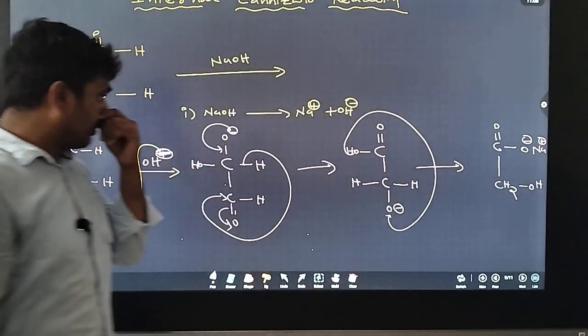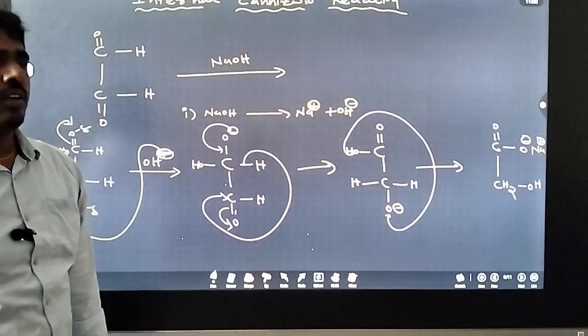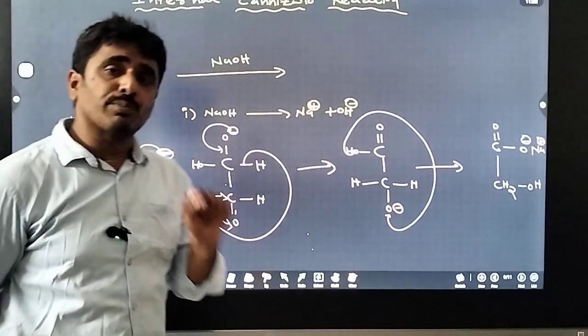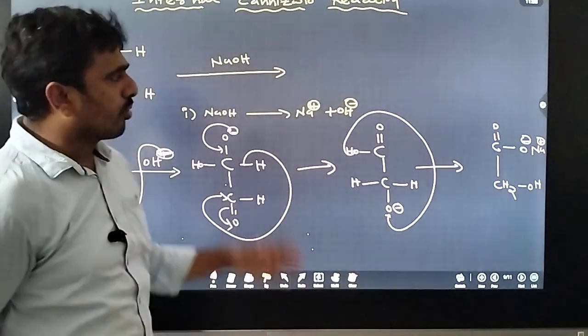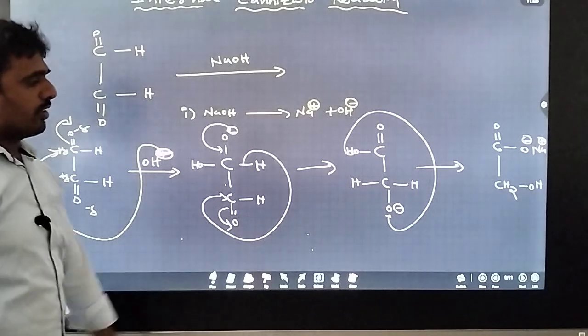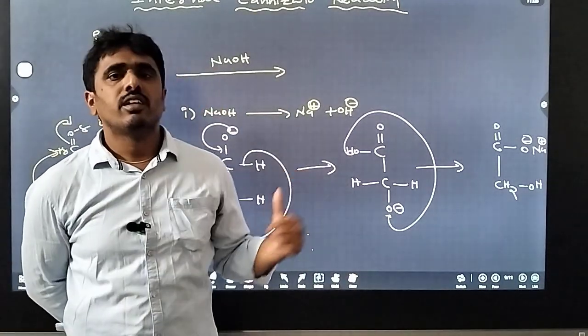So this is the internal Cannizzaro reaction. Internal Cannizzaro reaction means the Cannizzaro reaction takes place within the molecule. Generally, when it happens in a single molecule, it is called the internal Cannizzaro reaction.